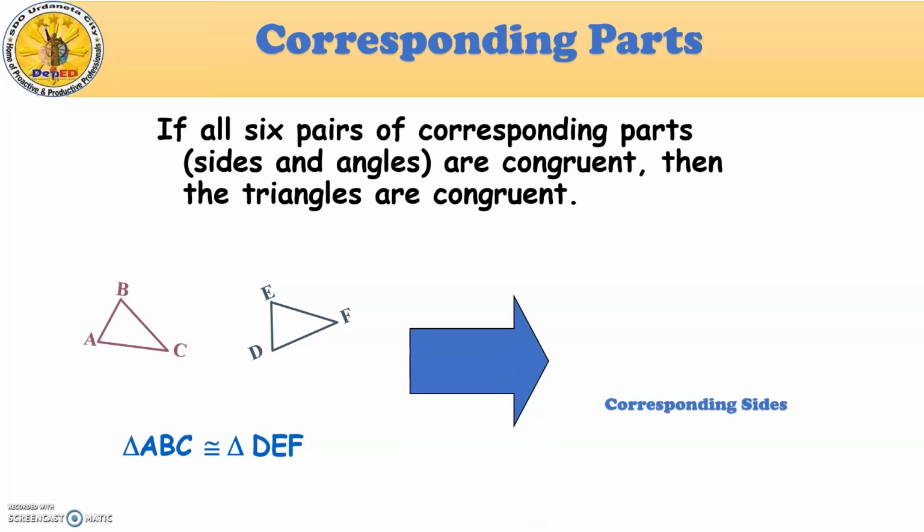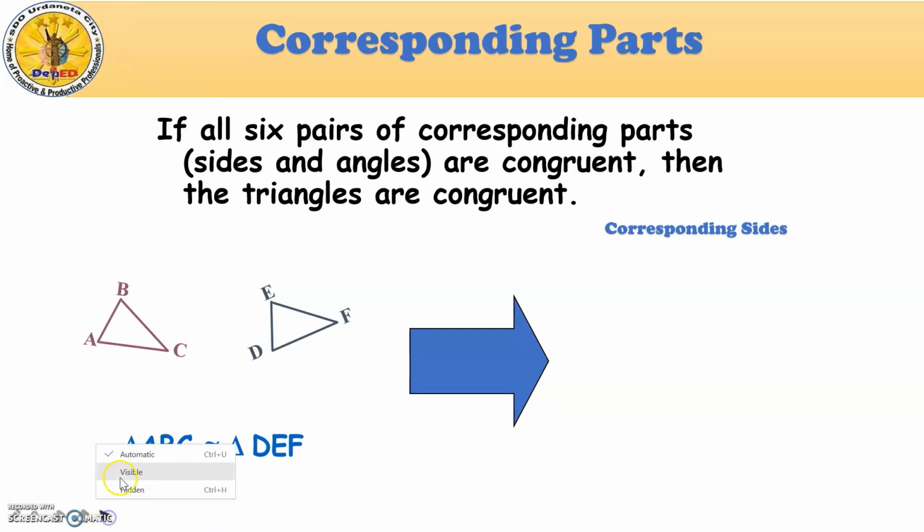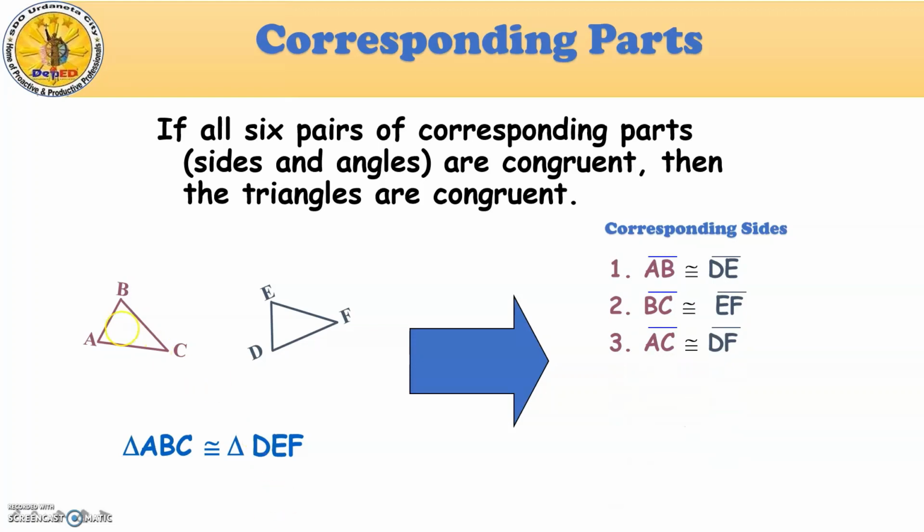To check them out, the corresponding sides must be congruent, right? So, we can see that side AB in the first triangle corresponds to side DE.